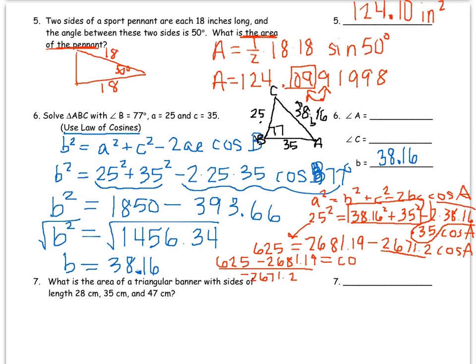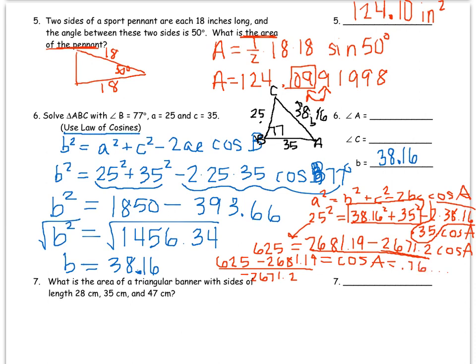And that equals my cosine of A. So I really moved these two pieces both to the other side, but I had to do it in the proper order. So if I do 625 minus 2,681.19 and then divide it by negative 2,671.2, I get the cosine of A equals 0.7697 and so on.